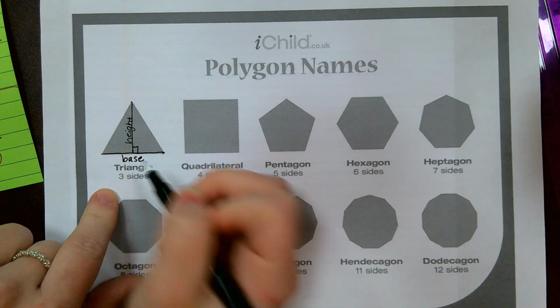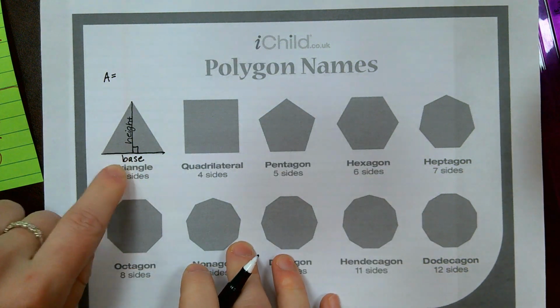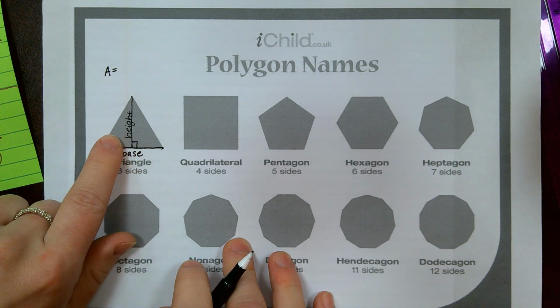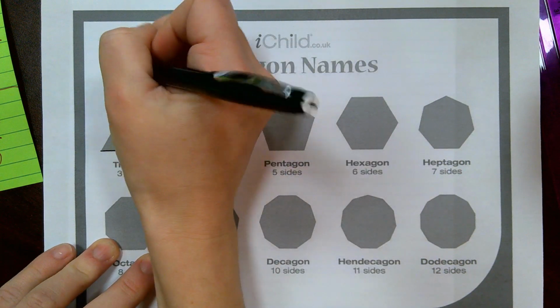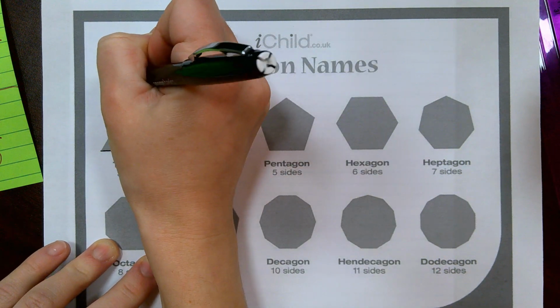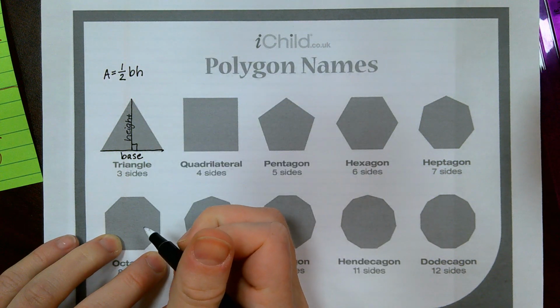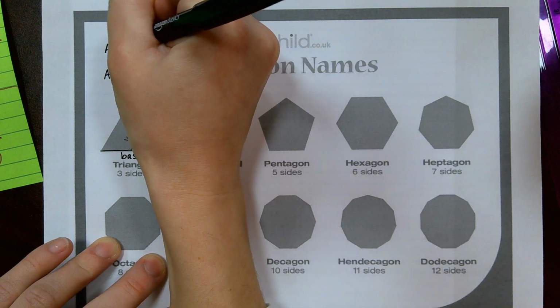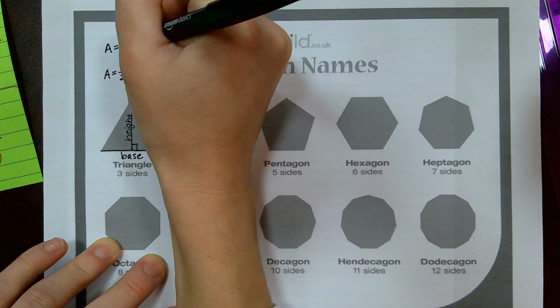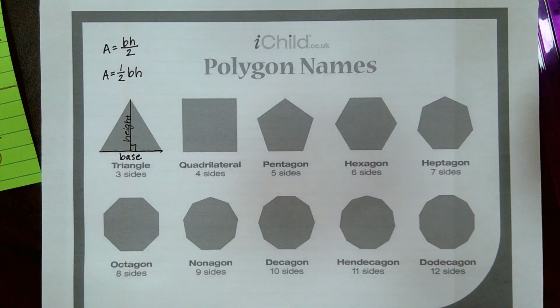And to find the area of a triangle, we were doing base times height and then dividing it by 2 since it's half of a quadrilateral. So we could write that formula as 1/2 base times height, and I'm going to write B and H. Or you could write it as base times height divided by 2, since that's how we usually end up working it out. Either one will work.